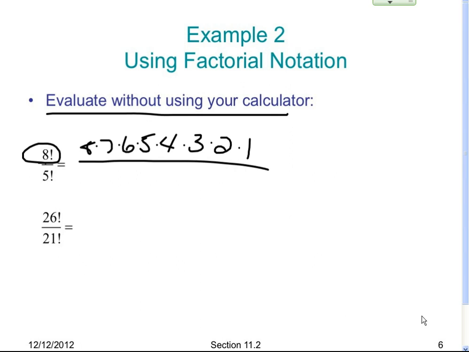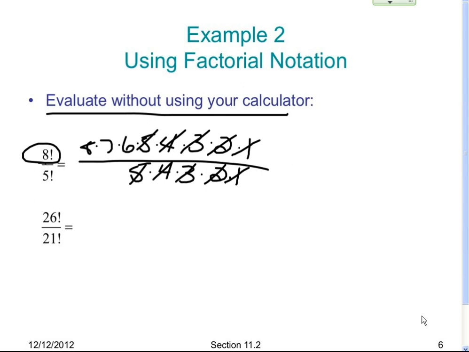And on the bottom, we have 5 factorial, 3, 2, 1. Well, what they want you to do here is cancel. If the number's on the top and the number's on the bottom, you're going to cancel it out. So 1 goes into 1 once, 2, 3, 4, and 5. So what's left is 8 times 7 times 6.